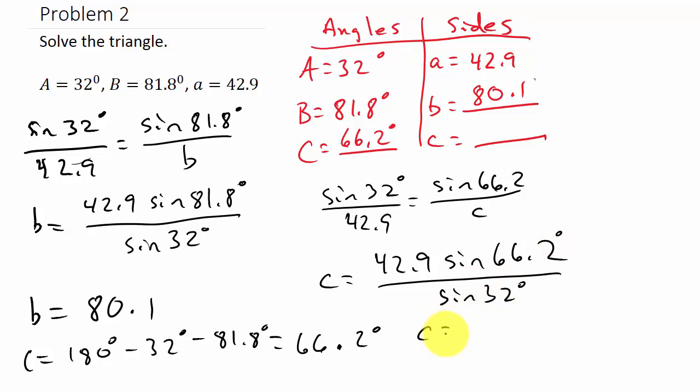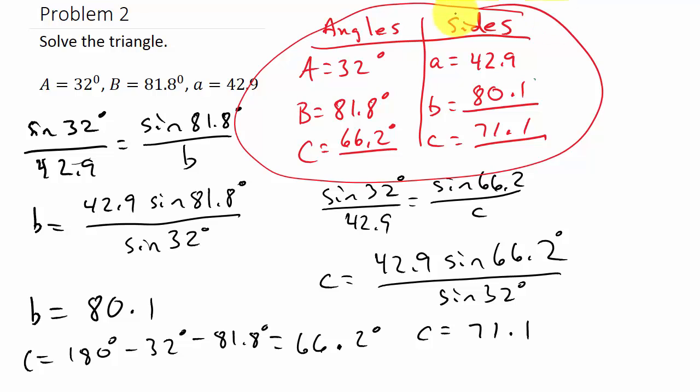And so I'm going to get side C is equal to, and I'll have to punch this into my calculator. After punching this into my calculator, I get 71.1 for side C. So that's 71.1. And this is my triangle.